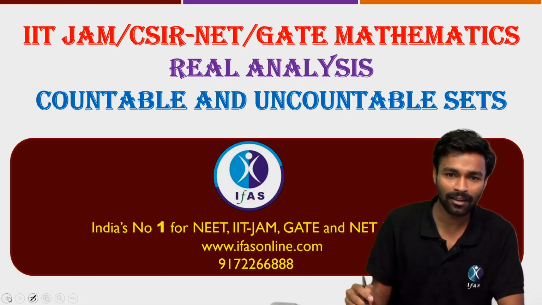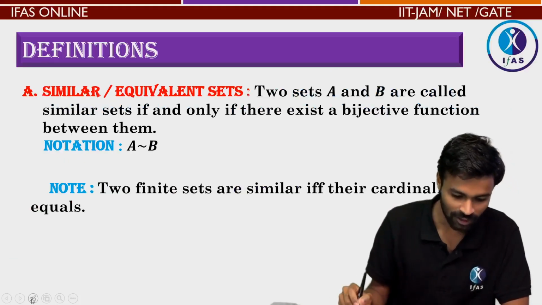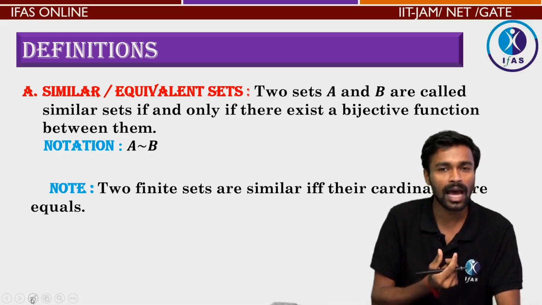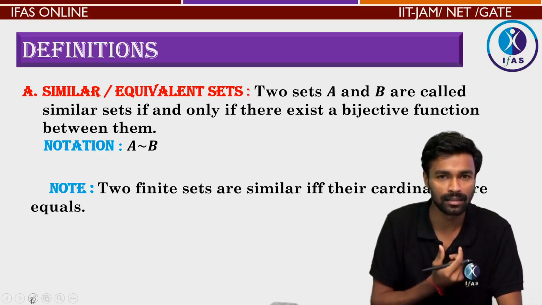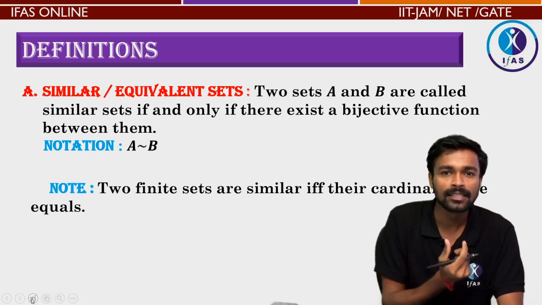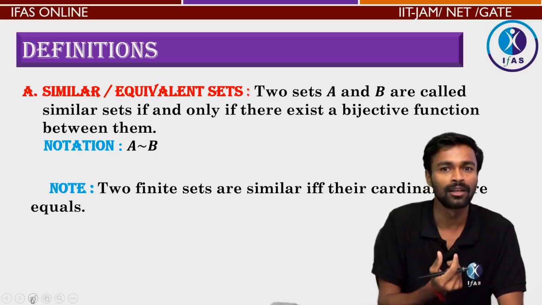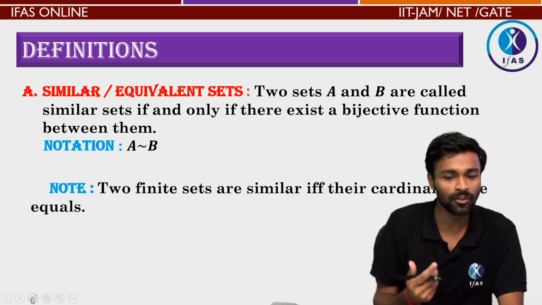Okay, so let us start with some first definition. The first definition is similar or equivalent set. I will take two sets, set A and set B. The two sets are said to be equivalent sets or similar sets if there exists some bijective function between them.